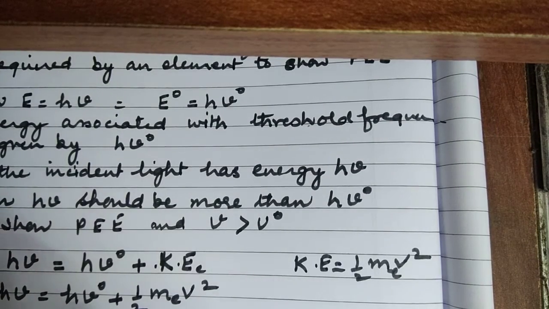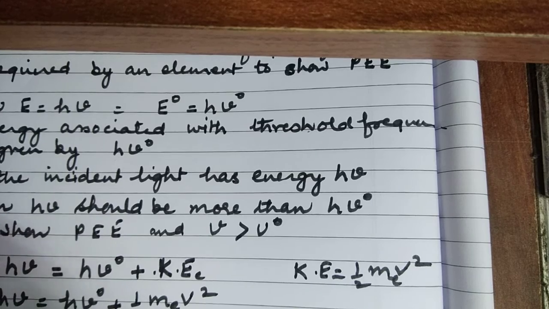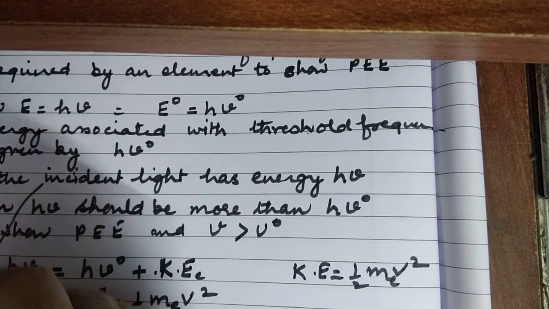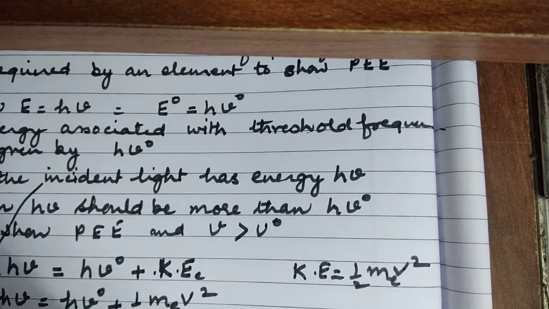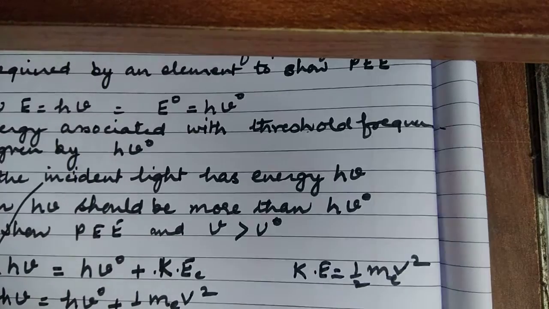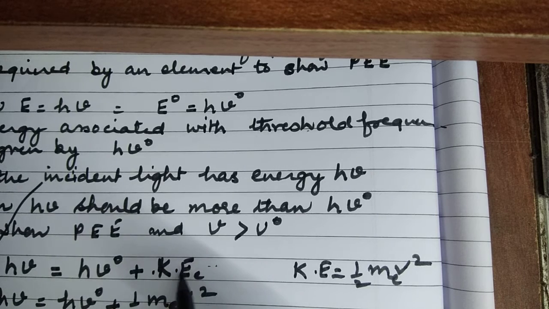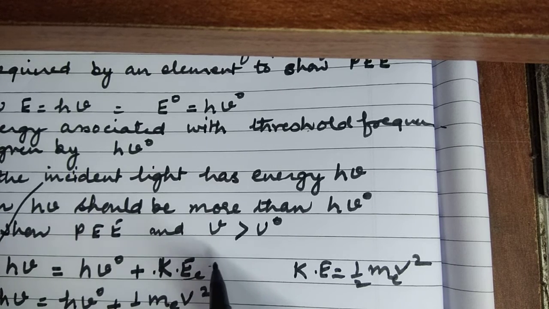Now we arrive at an equation कि इंसिडेंट रेडिएशन की energy will be divided into two parts. Some of it will be absorbed by the metal as a threshold energy to eject out the electron, and the remaining part of it will be absorbed by the electron in the form of kinetic energy, with the help of which it can move ahead.